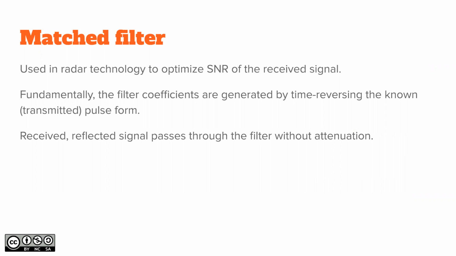Fundamentally, you use the same signal as you send as output, you time reverse it and use that one on the detector, so the reflected signal you receive, you pass through that one. So basically the noise will be optimally eliminated there, and this one passes the reflected signal as it is through the system.